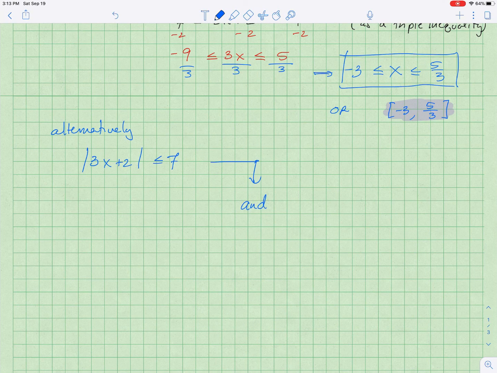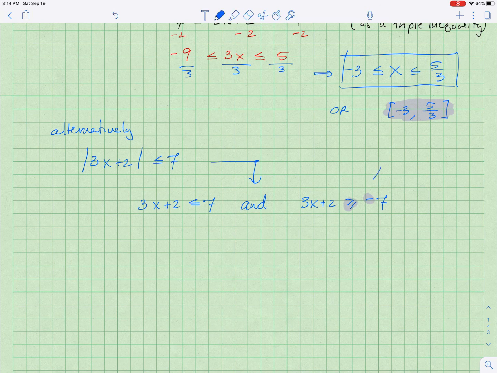Either we just drop the absolute values because the inside of this is positive, so either 3x plus 2 is less than or equal to 7, and 3x plus 2 is greater than or equal to negative 7. So remember that when we multiply by a negative or divide by a negative, we have to flip our inequality. So you'll notice that I've flipped the sign on 7, and I've also flipped the inequality.